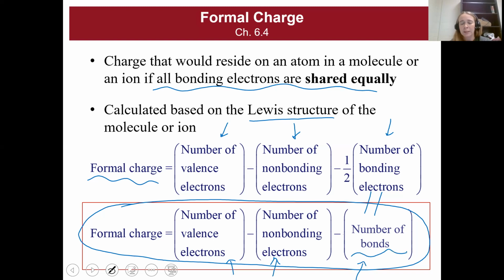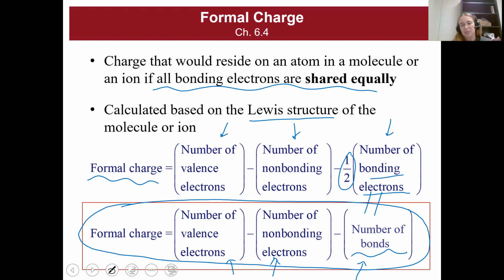The number of bonds, so whatever number the bond is, there are 2 electrons in that bond, so that makes up the number of bonding electrons, and then you have to multiply it by 1/2, whereas I think it's easier to just use the number of bonds because it's the same thing. So if you just use the number of bonds, you count the bonds, then you don't have to multiply by 2 to find the number of bonding electrons, just to divide it by 2 again to get 1/2 the number of bonding electrons.